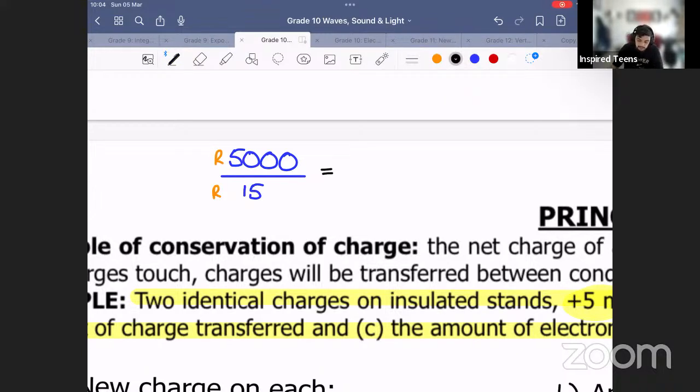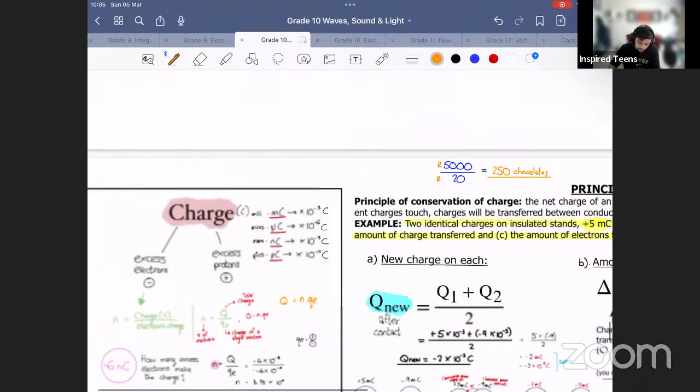That's a very bad number, so let's just use 20. That tells us that you bought 250 chocolates. Like I said, it's a silly explanation, but it's a similar concept.